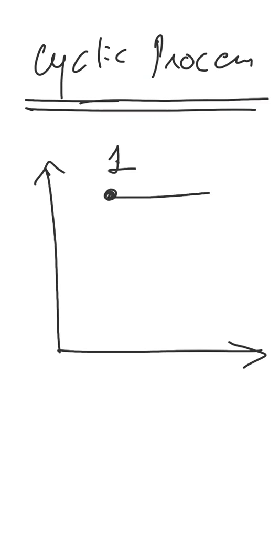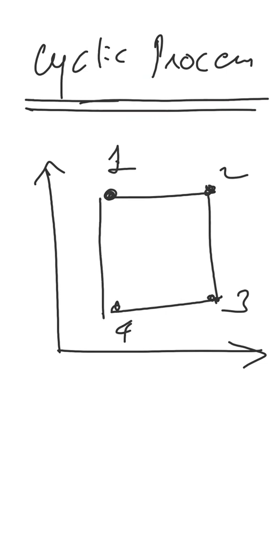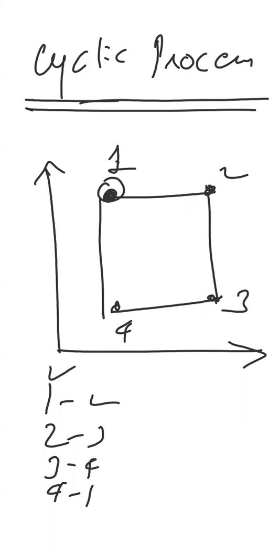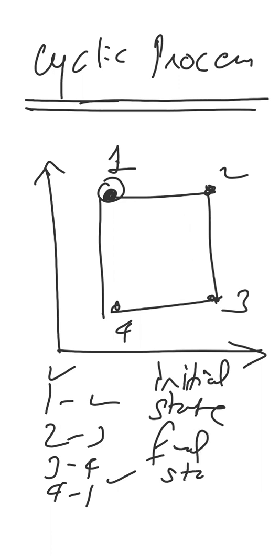Maybe you go first process, then second process, then third process, and then fourth process, 1 to 2, 2 to 3, 3 to 4, 4 to 1. So this kind of cyclic thing, you start from one and end at one. That means the starting state and ending state are the same. That kind of process is called cyclic process.